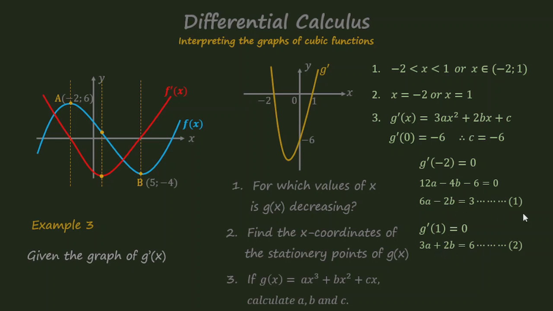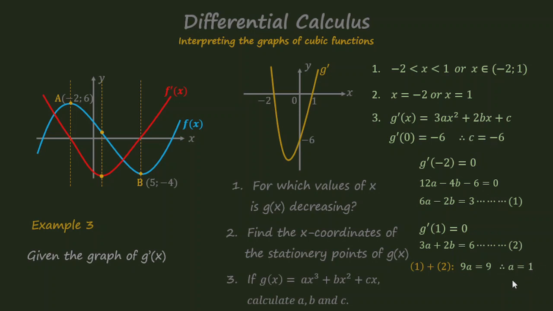Now we have two equations, 1 and 2. We have 6a, 3a, we have minus 2b, and 2b. So if I use elimination, I can find the values of a and b. In this case, I'm going to add equation 1 and equation 2 so that 2b and minus 2b cancel out. Then I'll be left with 9a equals 9, giving me a equals 1. So far I have found c equals -6 and a equals 1.